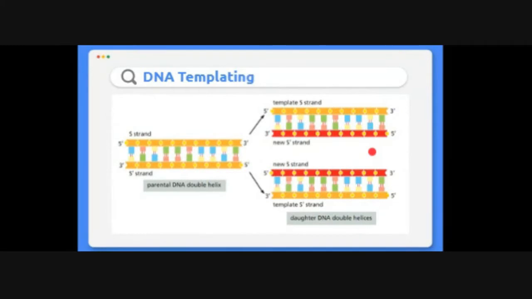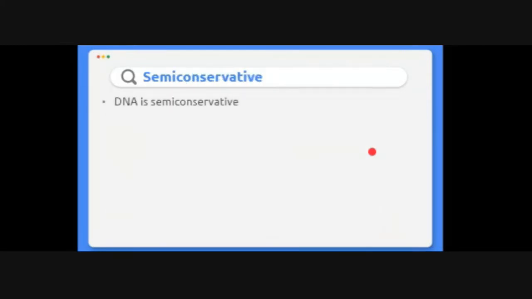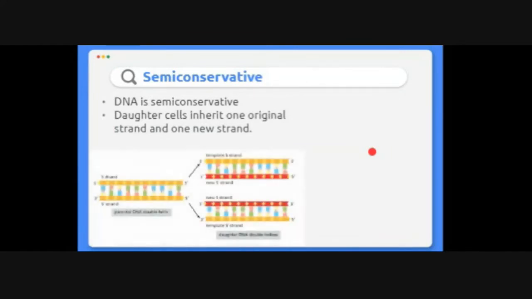Okay? And now, you will observe that DNA is actually semi-conservative or DNA replication is actually semi-conservative. So how? The daughter cells, they inherit one original strand and one new strand. So observe nyo ulit. Itong figure na to, right? Yung daughter cells daw, mag-inherit daw ng one original strand and one new strand.